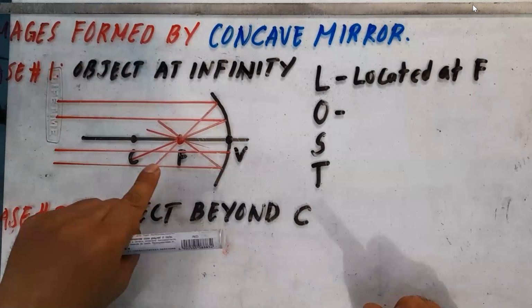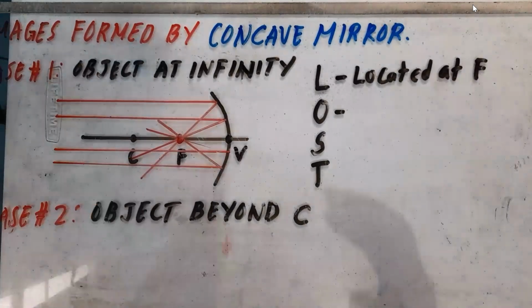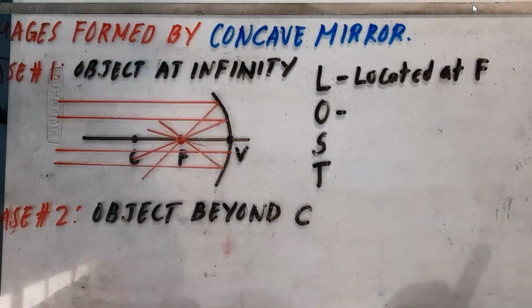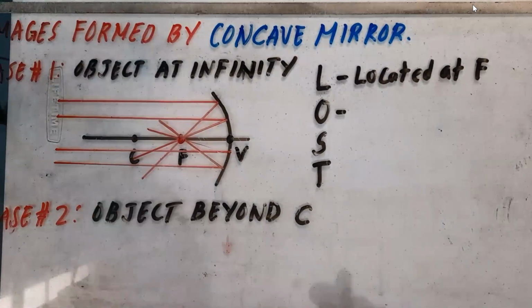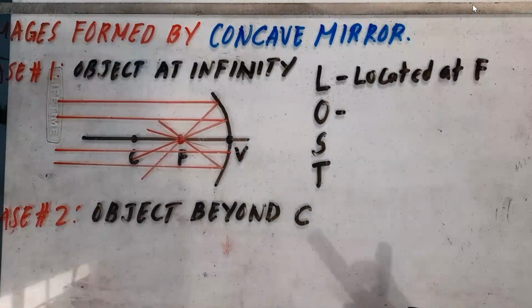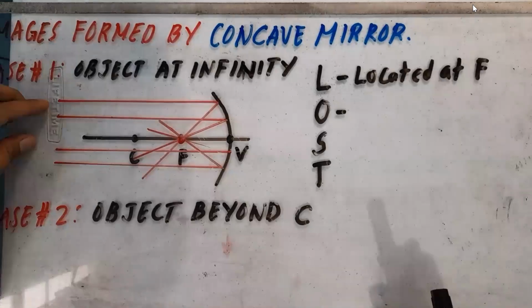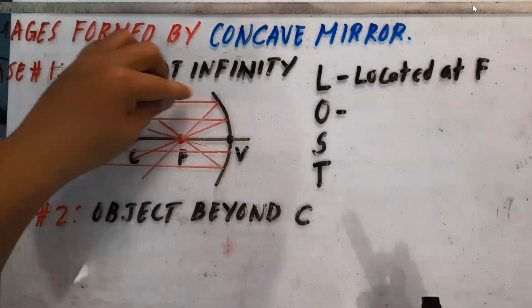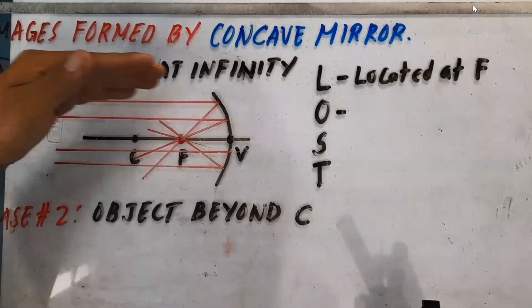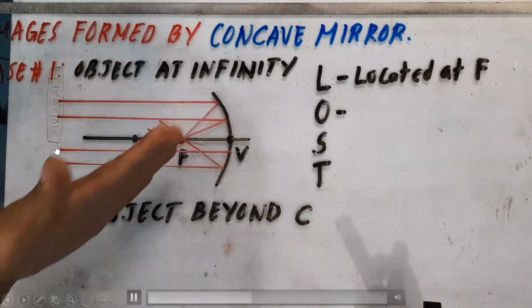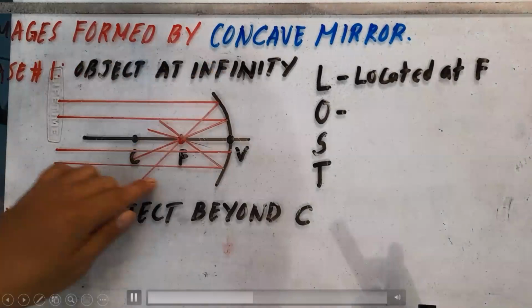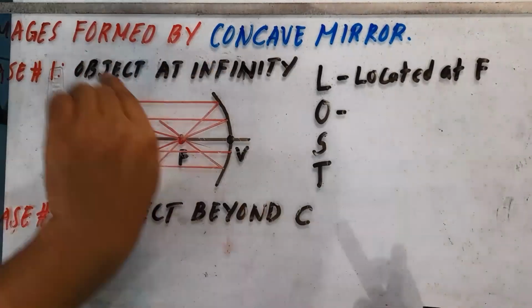So definitely, we cannot determine by just looking at it whether the orientation is upright or inverted. But there is a way for us to determine. Look at these light rays; they will help us determine the orientation. Look at this light ray from the top of the mirror. When it hits the mirror, it is reflected downward, while the light ray from the bottom, when it hits the mirror, is reflected upward.